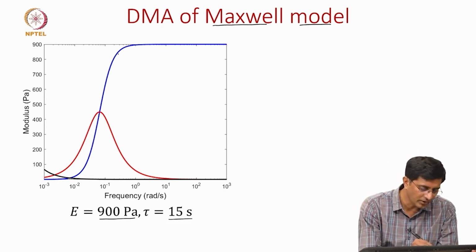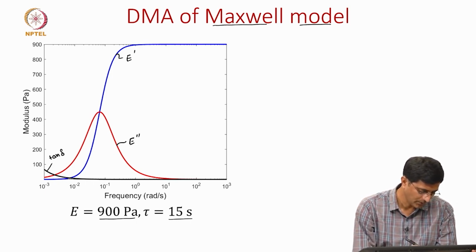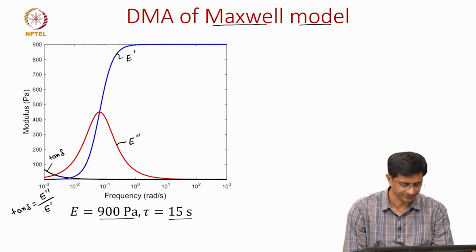So, the blue curve here is the storage modulus and the red curve here is the loss modulus. We also show this another curve, the tan delta. I hope you remember the tan delta we have defined as ratio of loss modulus by storage modulus.